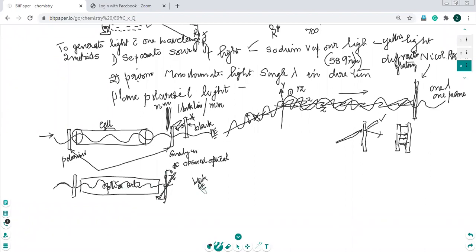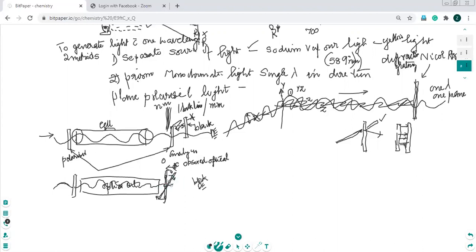You will not see the light. What do you do? You rotate this back to the vertical position. This vertical position is taken as 0. When it comes back to 0, you can still observe the light coming out. That means your optically active compound is rotating the plane of the polarized light through this angle.